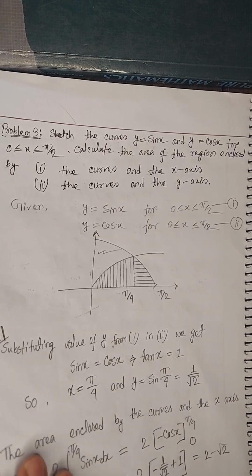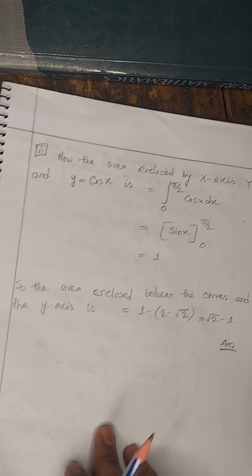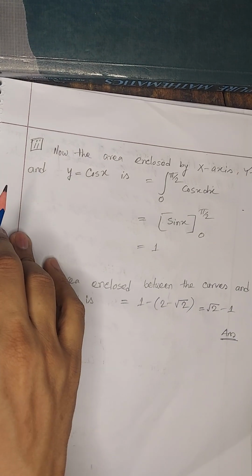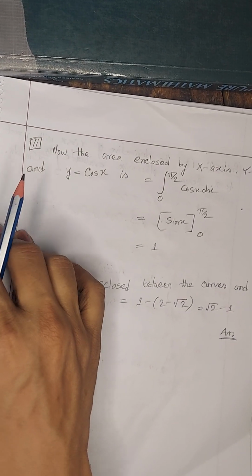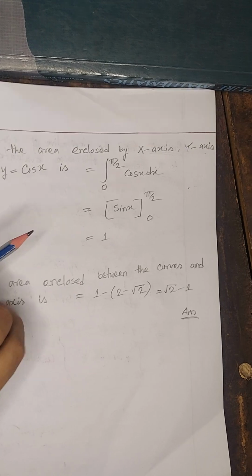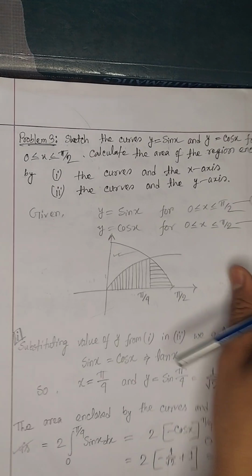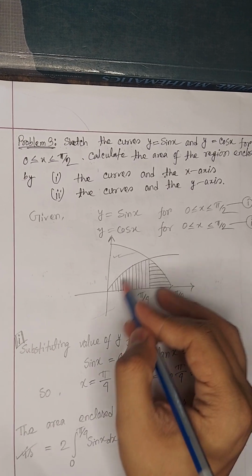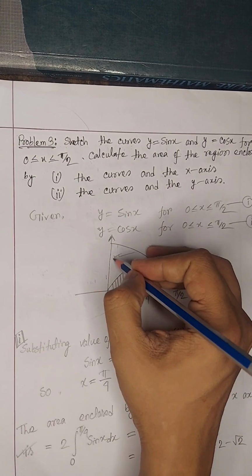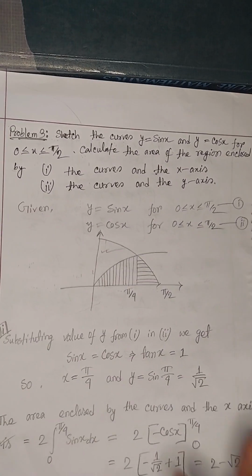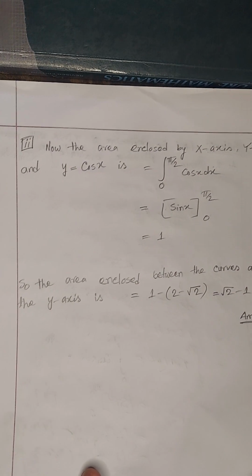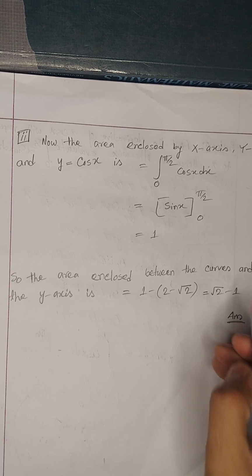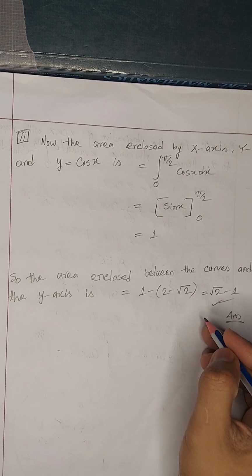What we did here, we first find this total area, and we subtract this part, and then we get this part, which is needed in our question. We have been asked to find this, so that is our formula, that is our answer.